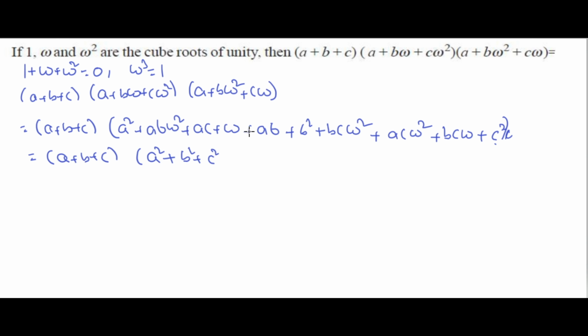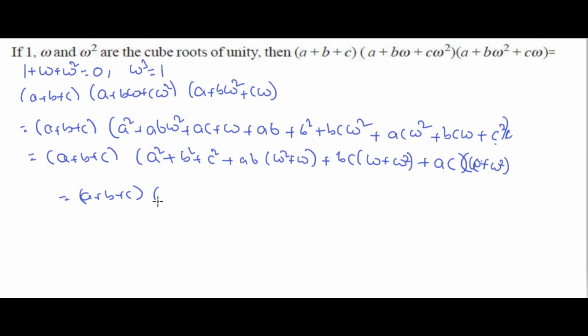Here is ab omega square, here is ab, take ab common, that is omega square plus omega, and bc take common, that is omega plus omega square, and ac take common, that is omega plus omega square, that is equal to (a plus b plus c) into (a square plus b square plus c square).